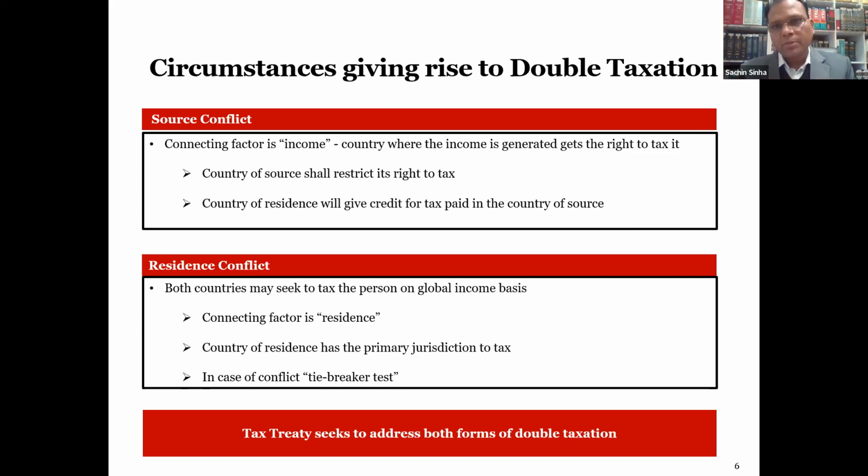As Geetika said, assume the income accrues or arises outside India, but the government of India wants to tax that income in India. Here you can tax it only if the person is a resident of India or if the income accrues or arises in India. If the person is a resident of India, then it's a residence rule.